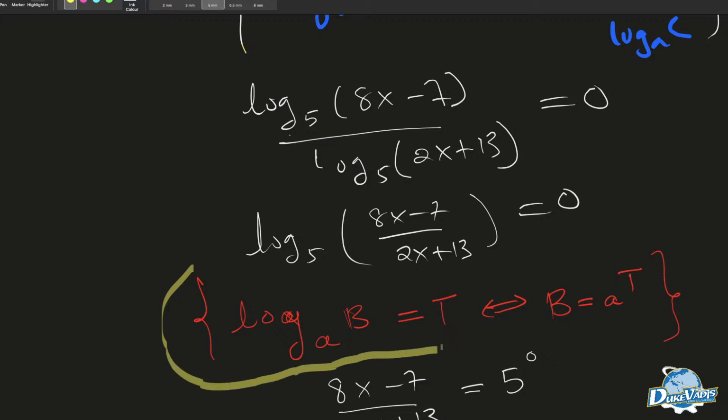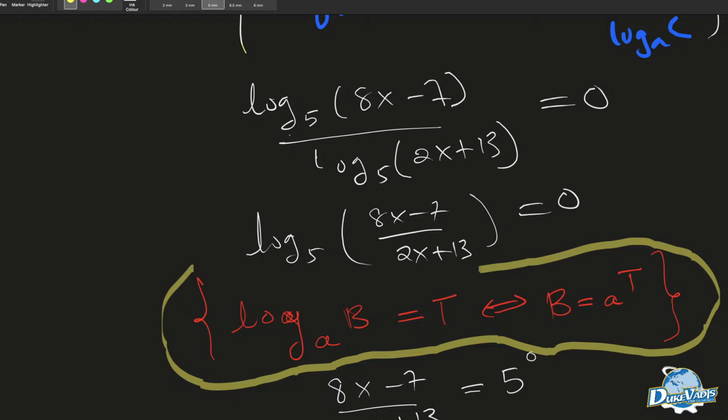Now we also employ this property that we learned earlier in logarithm. It says log to the base a of b equals t, a certain variable. And we were told that from the right hand side, b will be a certain number, and a, being the base, will be raised to the power t.